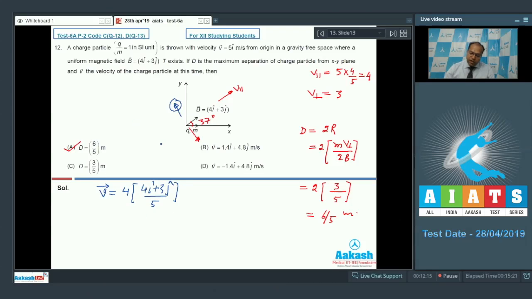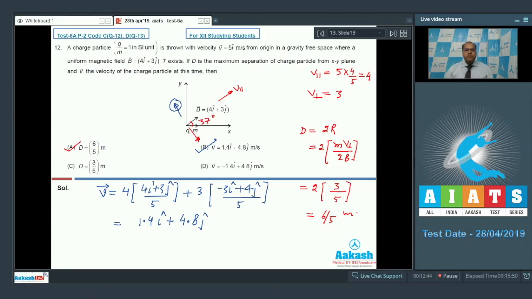Similarly, the perpendicular velocity in x and y can be written as 3 times (minus 3 i cap plus 4 j cap) by 5. If I solve this, it comes out to be 1.4 i cap plus 4.8 j cap meter per second. So option B is also correct. So the correct answers for question number 12 are options A and B.